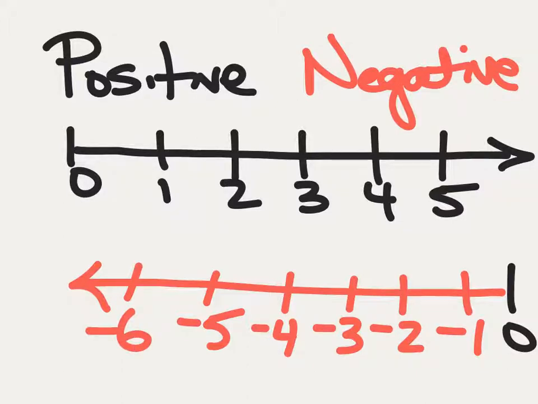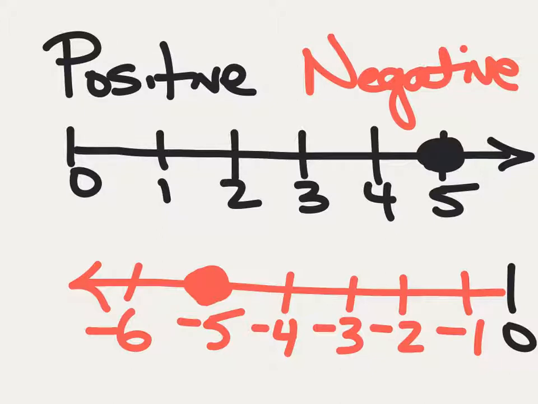An example of opposites would be, say, for example, the number 5. What is the opposite of 5, or the opposite of positive 5? Well, if you said negative 5, you would be right. Look at it this way.